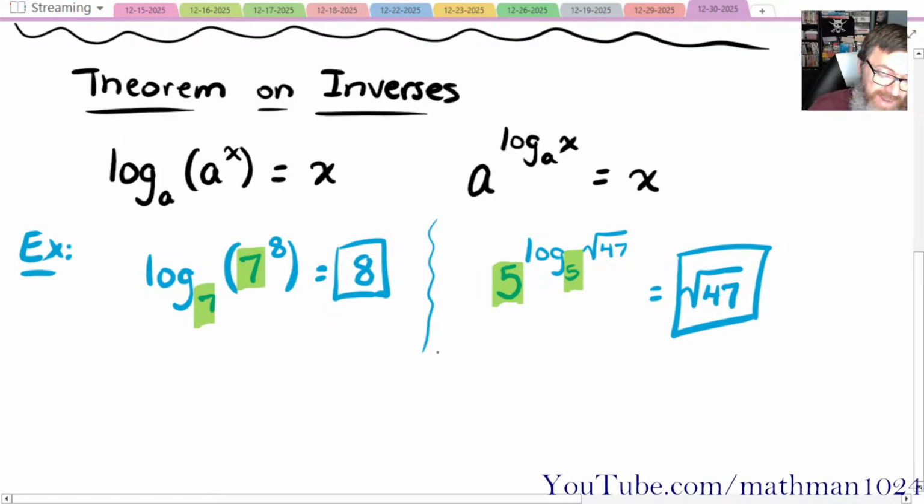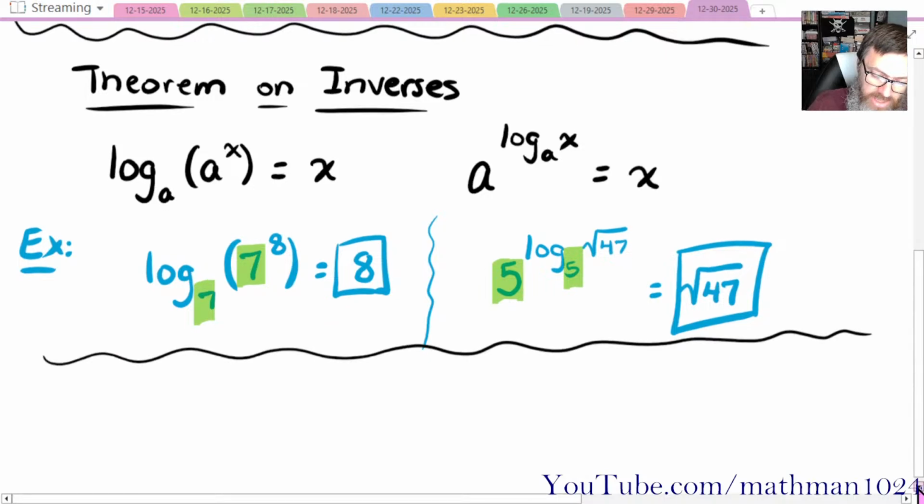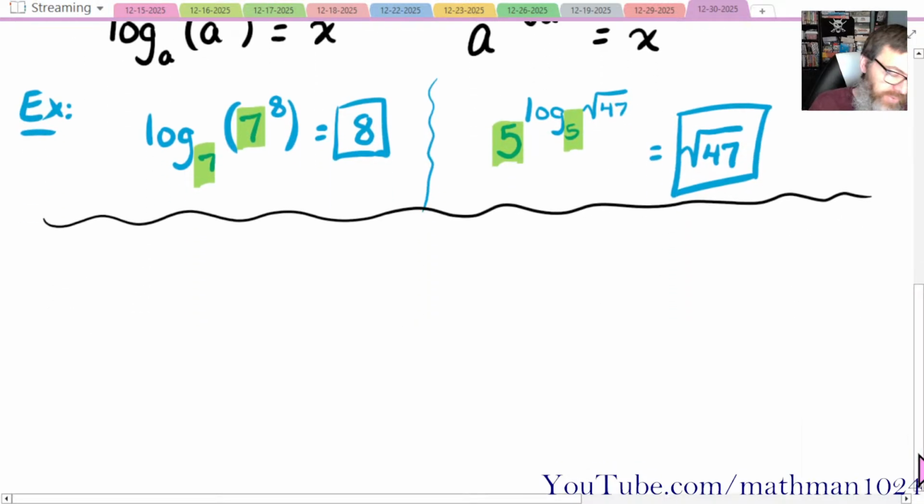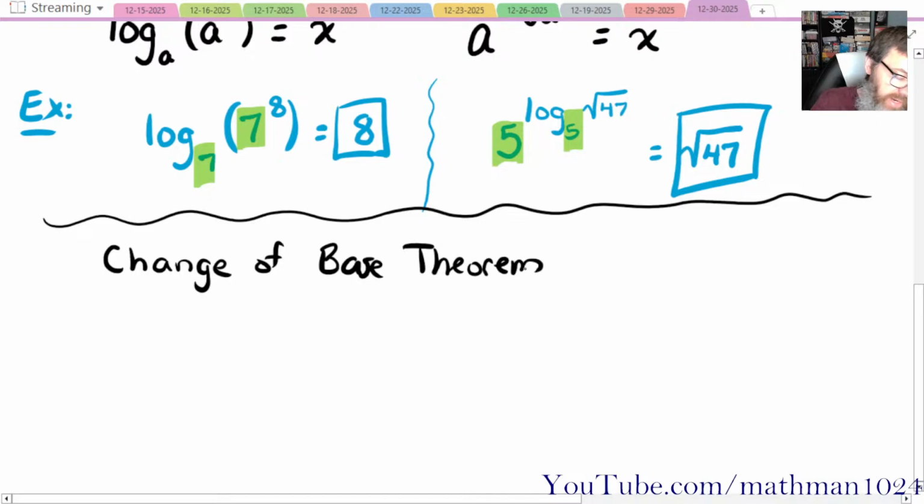Now let me show you one of my favorite things. One of my favorite things is called the change of base theorem. I'm going to show you why this is nice and how it can save us a lot of time as long as we are paying attention. Change of base theorem.